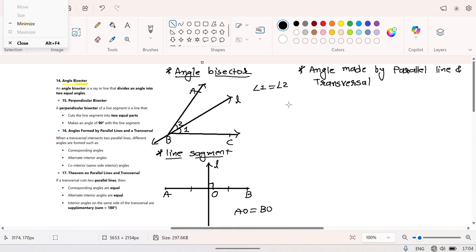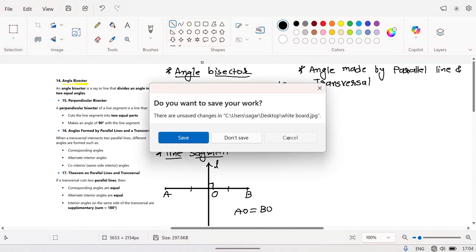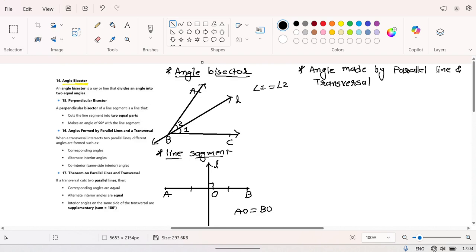As we learned in the previous session, we know what parallel lines and a transversal are. So let's suppose this is line 1 and this is another line, and this is the transversal of both lines.